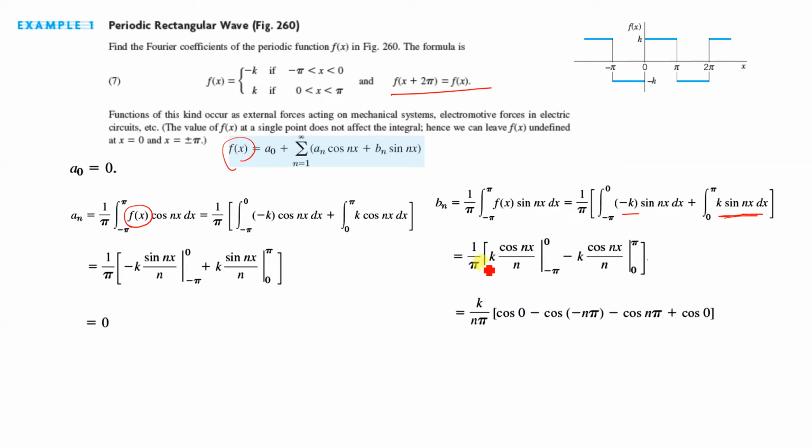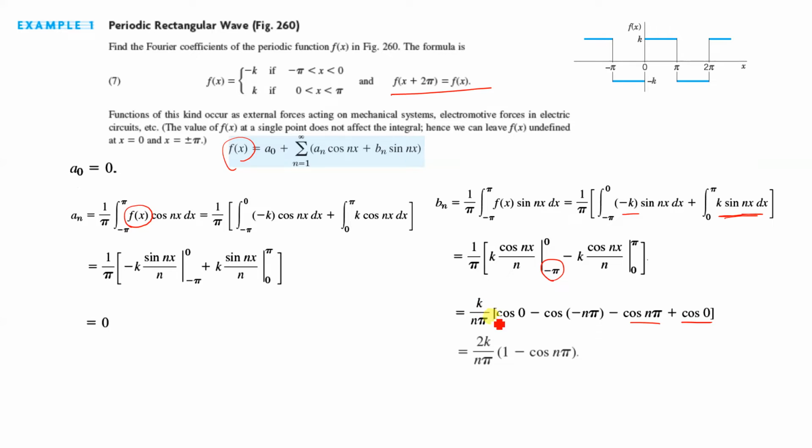We can factor the common terms out, like k over n pi, and inside we have cos 0. And when we plug in this limit, we have minus cos of minus n pi, again a negative sign with this term. The upper limit gives us this term, and the lower limit gives us this term.